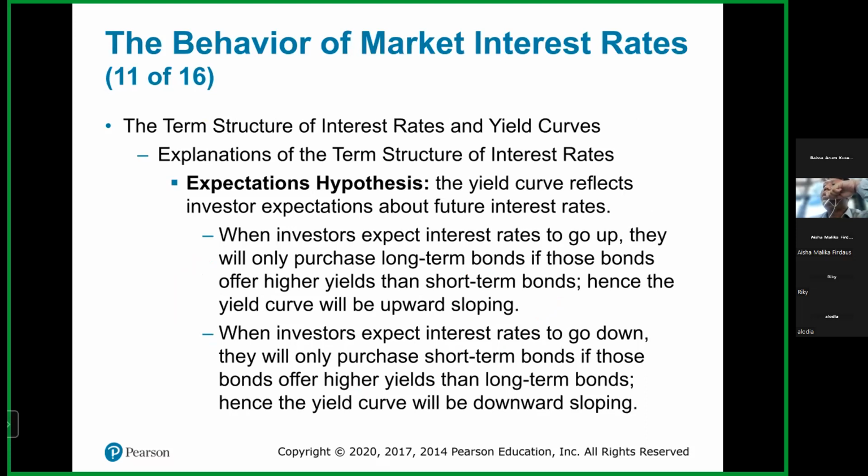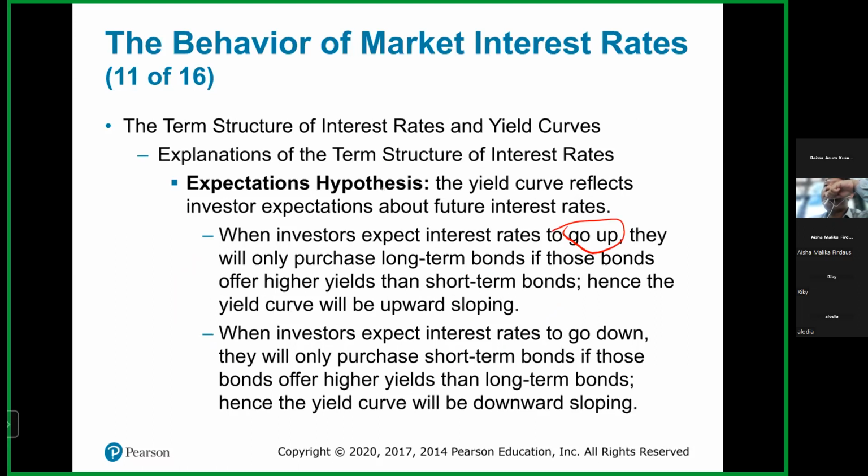According to the expectation hypothesis, the yield curve reflects investor expectation about future interest rates. When investors expect interest rates to go up, they will only purchase long-term bonds, if those bonds offer higher yield than short-term bonds, hence the yield curve will be upward sloping.